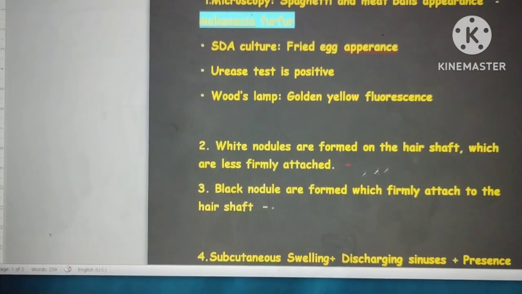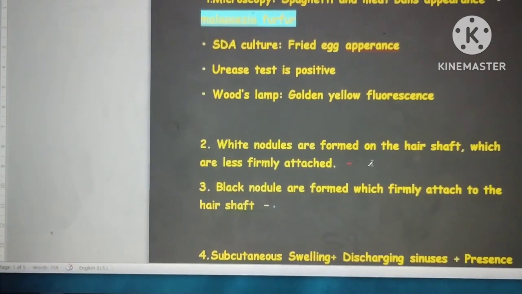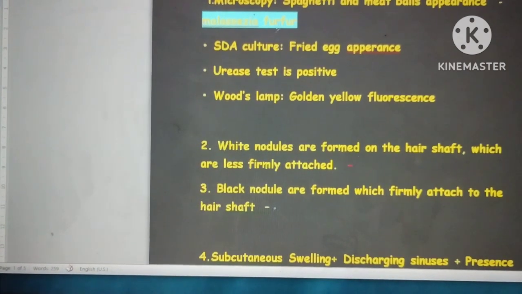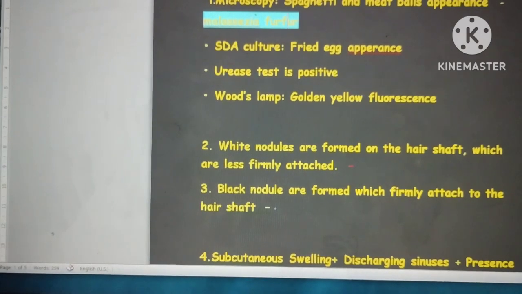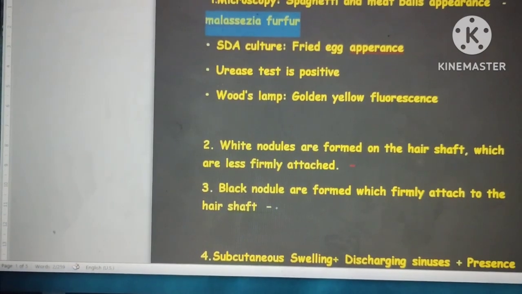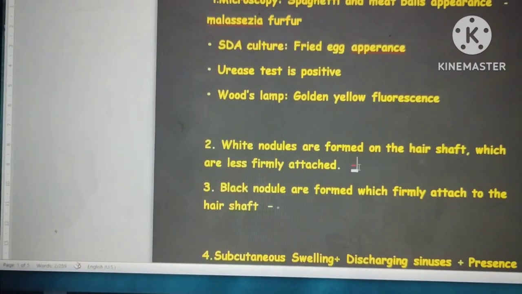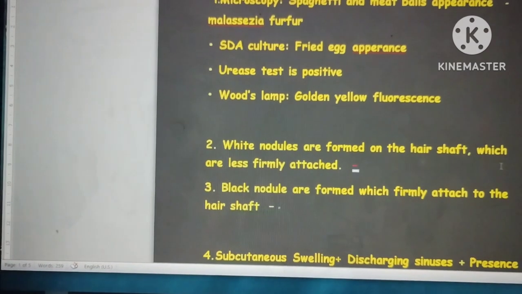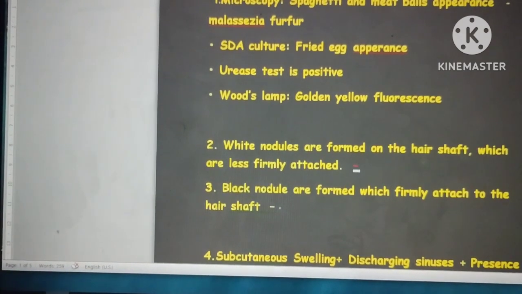So here the key point is which is less firmly attached. If it is a white nodule, it is Trichosporon.